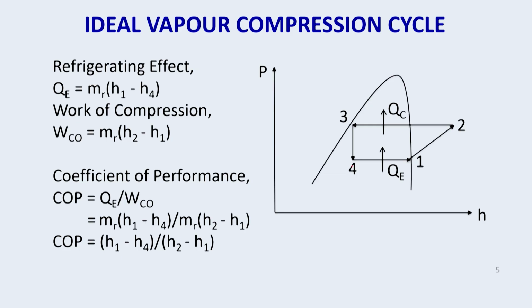Then 3 to 4, since the enthalpy remains constant during the throttling process, 3 to 4 is a line perpendicular to the x-axis on a pressure enthalpy chart. So here I am defining the refrigerating effect.